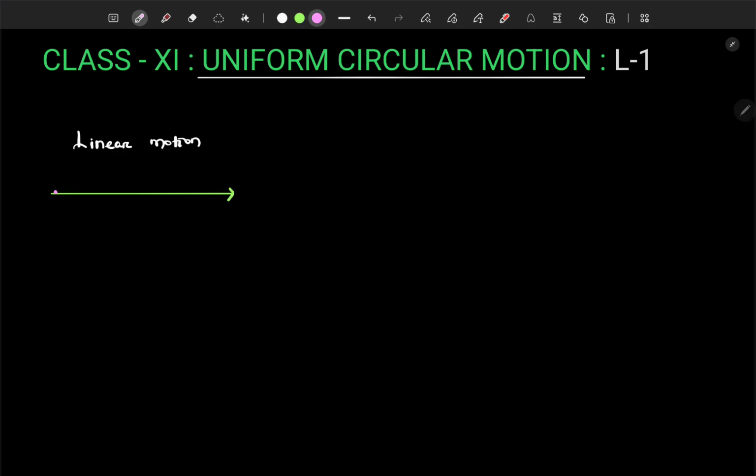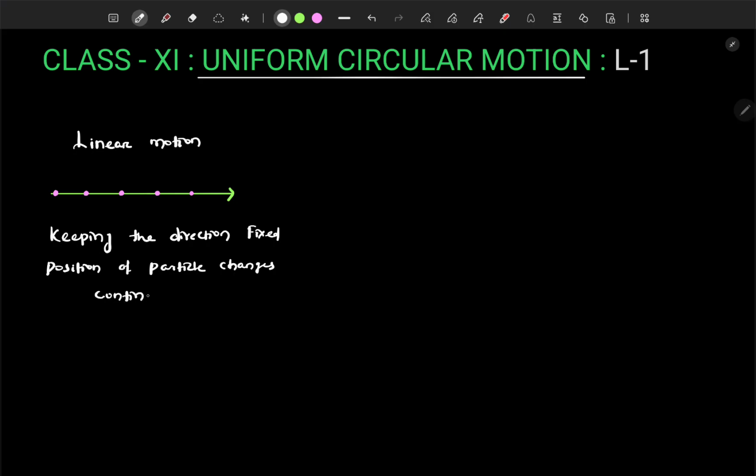Observe that these pink colored dots are the positions of the particle. The direction of motion remains fixed, so in linear motion, keeping the direction fixed, the position of the particle changes continuously. So this is your linear motion.